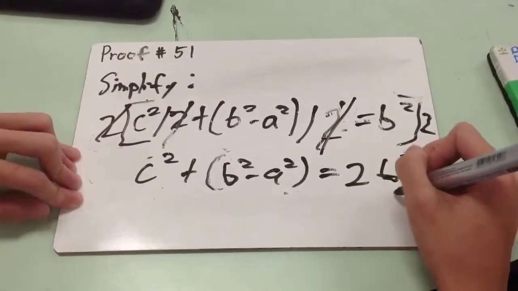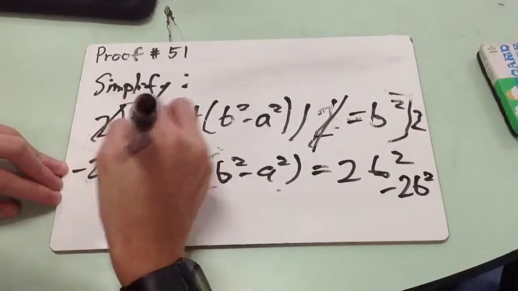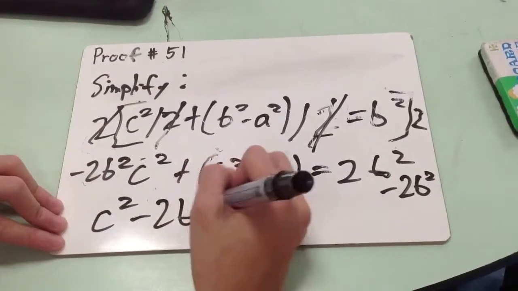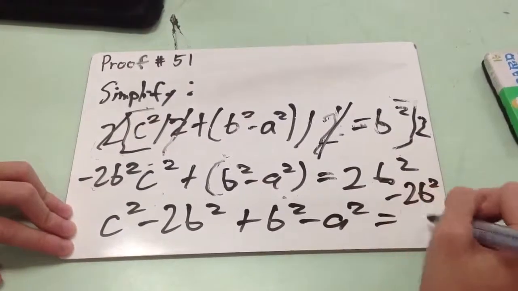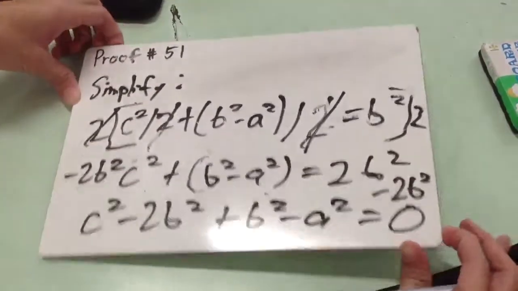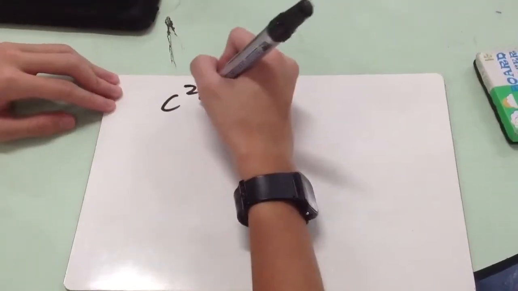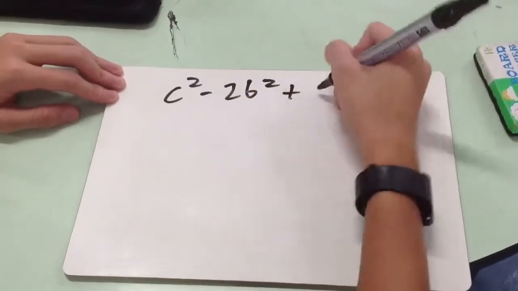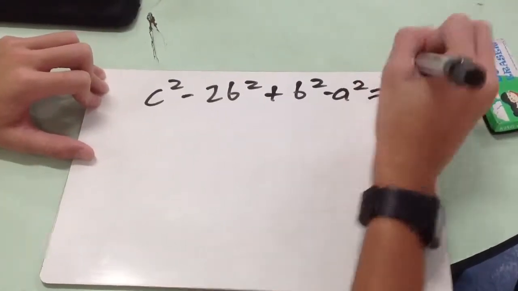We do this by subtracting 2b squared from both sides. With that we get c squared minus 2b squared plus b squared minus a squared equaling 0. Now since I have no more space on the front, I will use the back. So we have c squared minus 2b squared plus b squared minus a squared equaling 0.